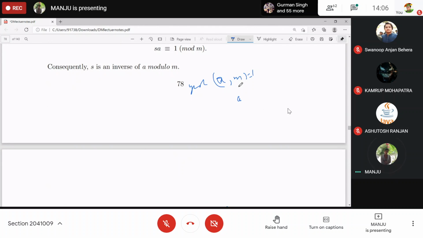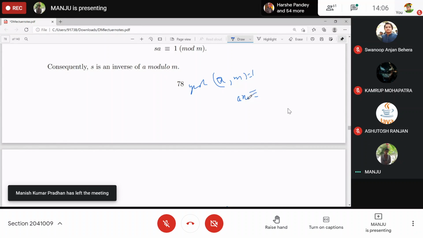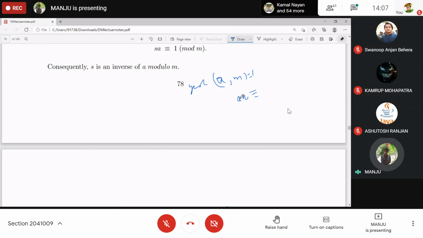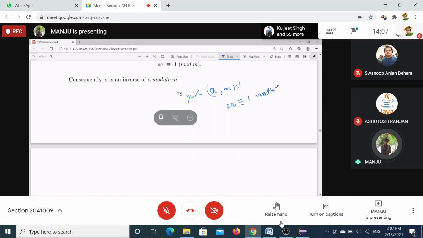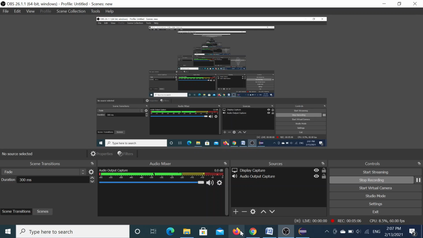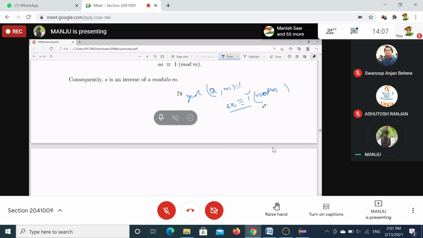Then it will satisfy the inverse congruence. The integer x will be the inverse of a, and a will be the inverse of x. If you divide a into x by m, you get 1 as remainder. This is congruent to 1.